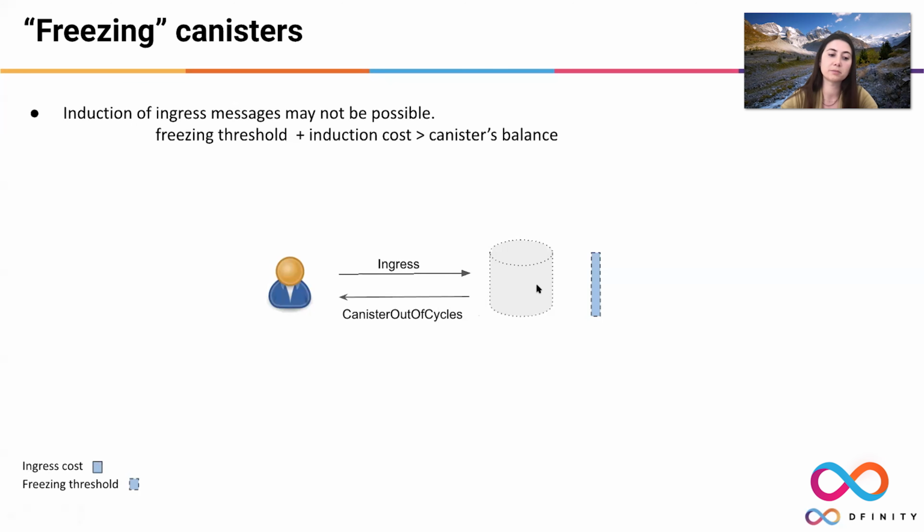As Dimitris has mentioned, we first check if the canister is willing and can pay for the ingress based on the induction cost, and if that's not possible, then we reject it. So if the balance of the canister is too low and it cannot support both the freezing threshold and the normal fee, then we have a rejection.